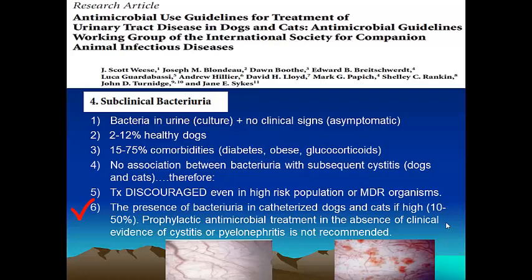In other words, whether you have the picture on the left or the picture on the right that you have to treat. And as you can see, the recommendation here is that prophylactic antimicrobials should not be given in the absence of clinical evidence of cystitis or pyelonephritis, obviously.